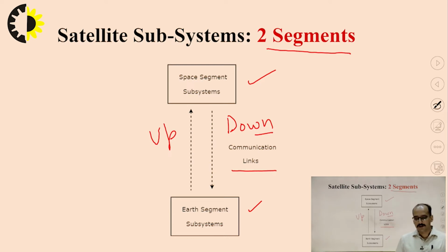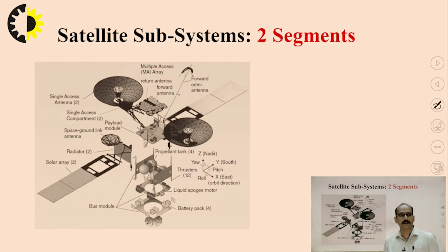So, when we are talking about the satellite subsystem, we have to identify and explain all the blocks, all the subsystems related to satellite communication, starting from the earth station and space segment. As we already discussed the earth segment in the previous lectures, now we are concentrating on the space segment, means on the satellite part.